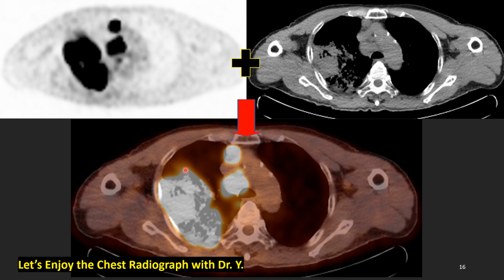Yes. Where the hot uptake is, that is the important one. This PET and CT fused image shows hypermetabolic activity and where it is, the address of the hypermetabolic hot uptake area.